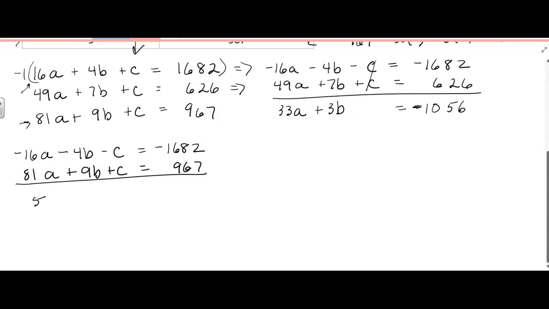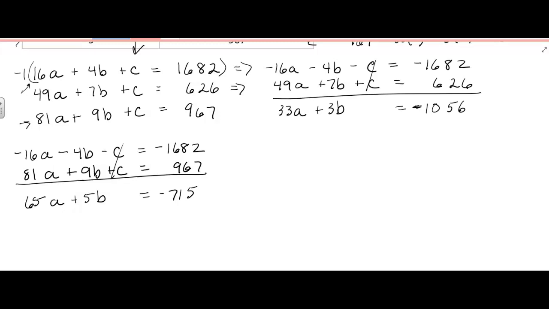So 65A, plus 5B, because negative 4B and 9B, and the C's drop out. Now, what is the difference here? Okay, let me double check. 967 minus 1682 gives negative 715. Okay, so I like that.